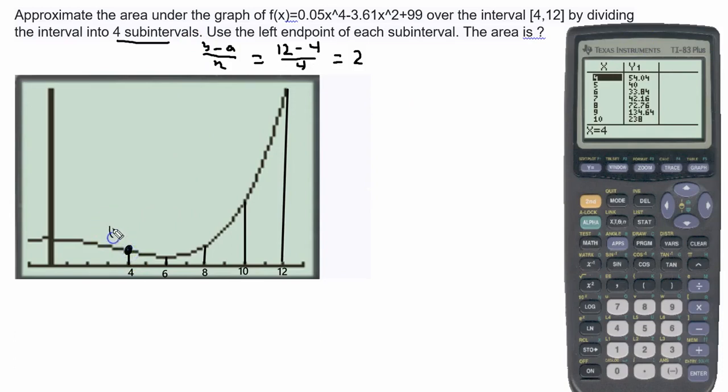And this point has coordinates 4, comma, and then from my graphing calculator, 54.04. This point here has coordinates 6, comma, 33.84. And this point here has coordinates 8, comma, 72.76.